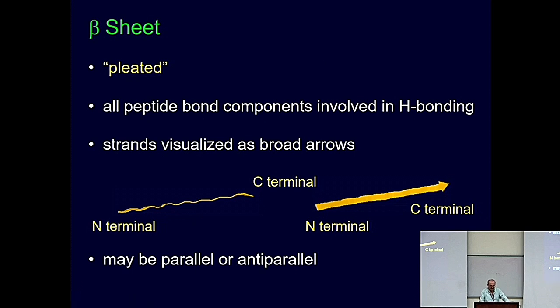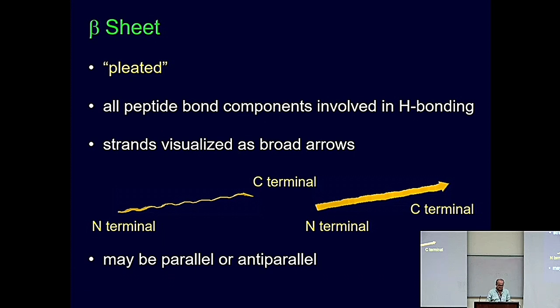First of all, for a beta sheet to form, you are going to need either 2 distinct polypeptides or 2 segments of the same polypeptide coming together.